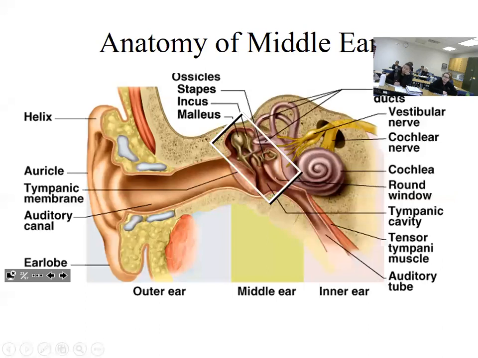Vibrate. Every time one of them hits, it'll vibrate, and it'll move back, and then the next one hits, and the next one hits, and the next one hits. I'm going to show this to you in a mechanical version in a minute, because I think it actually makes a little bit more sense mechanically. But I wanted to show you this anatomically first. So this membrane is vibrating every time the compressed molecules get to it.